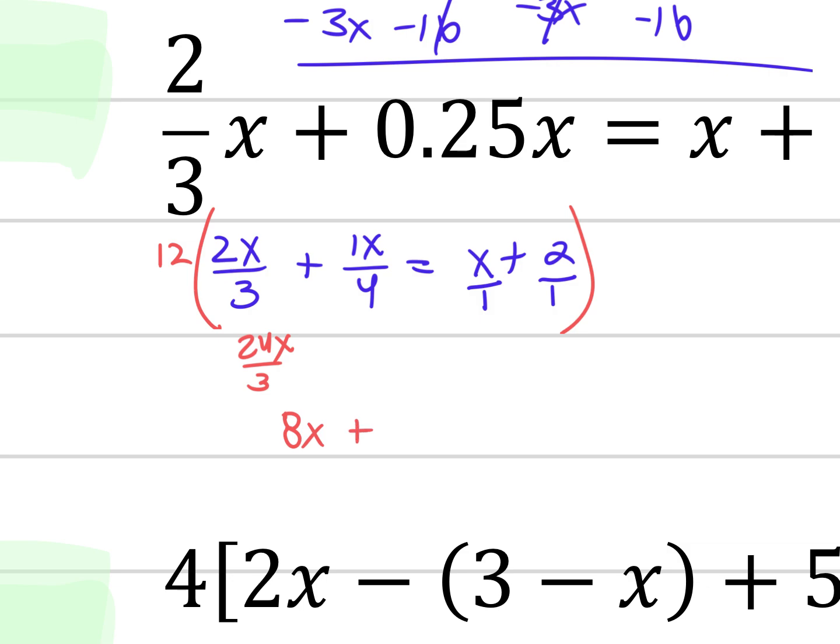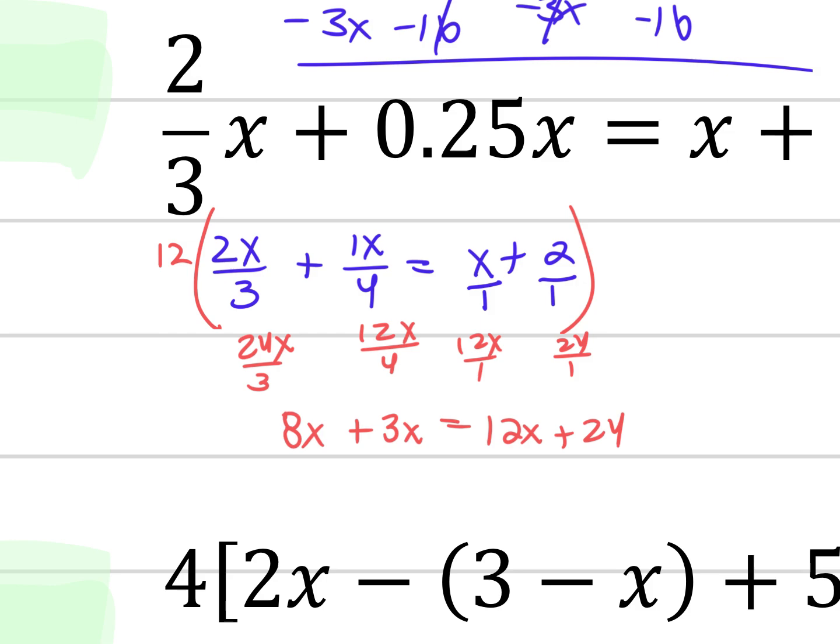So then I have plus 1 times 12, so 12x over 4, which simplifies to 3x. Good. Now I'm going to multiply 12 times x over 1. What is that? 12x. Good. And then I'm going to multiply 12 times 2 is 24 over 1. So it's just plus 24.